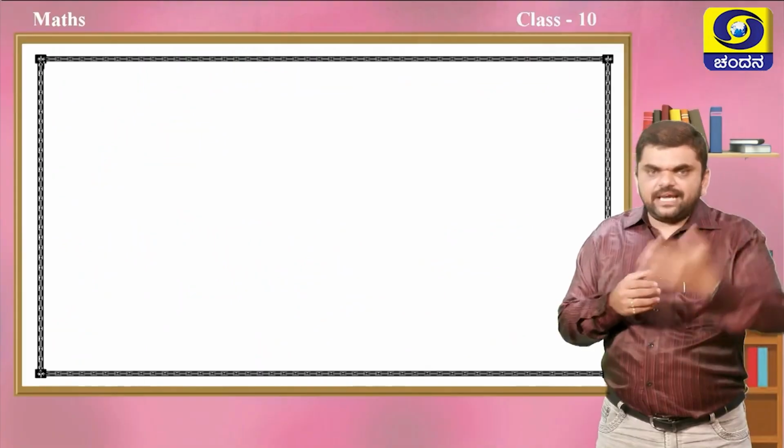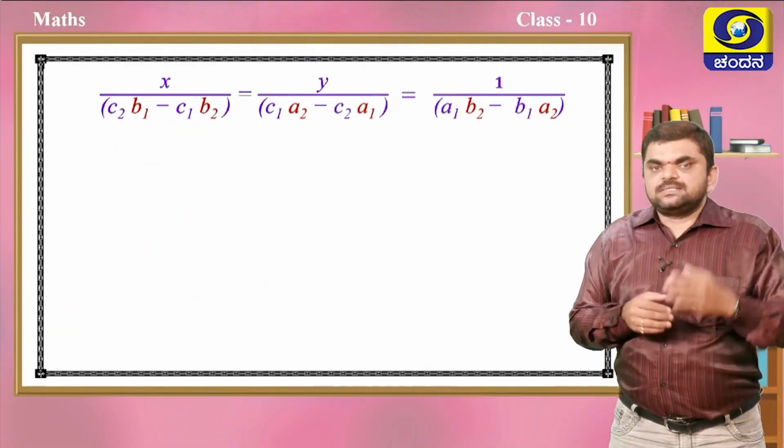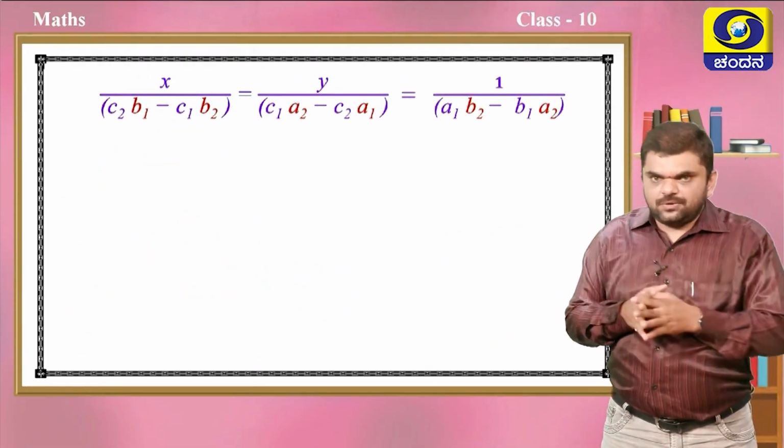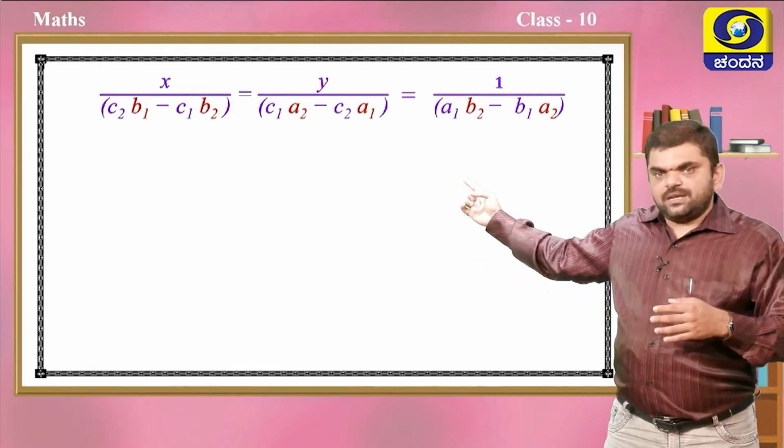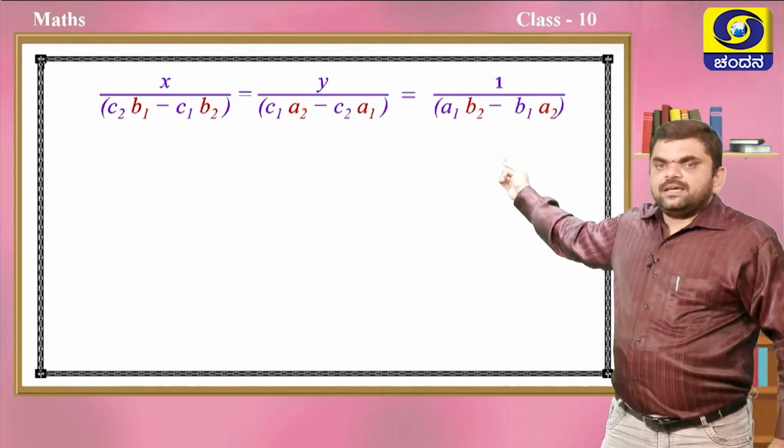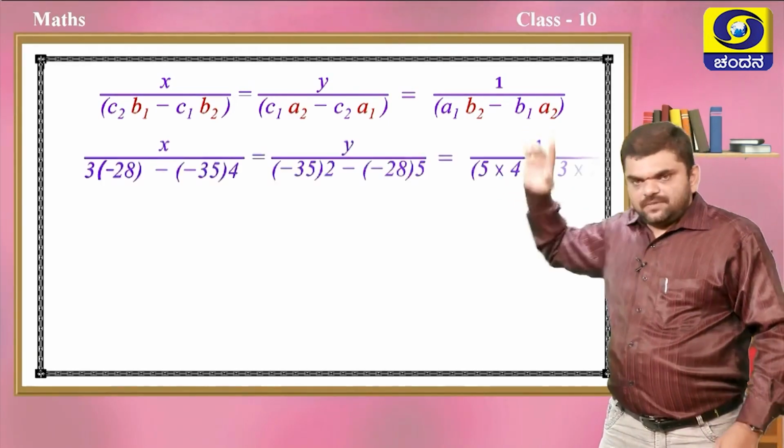So we will get it like this: x by c2 b1 minus c1 b2 is equal to y by c1 a2 minus c2 a1 is equal to 1 over a1 b2 minus b1 a2.